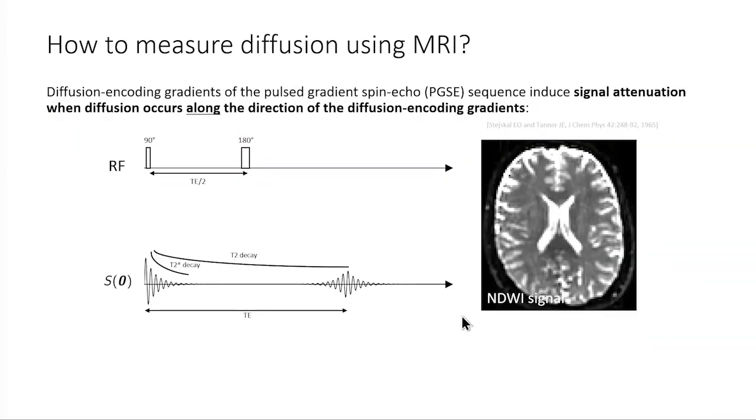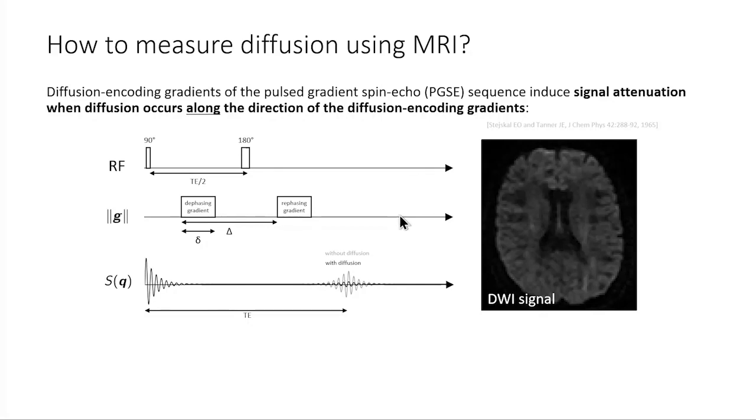So let's start with some background first. Let's quickly review the pulse gradient spin echo sequence, because this is the main workhorse of diffusion MRI. If we remove the pulsed gradient pair from this sequence, what we have is a spin echo sequence which generates a T2-weighted image contrast.